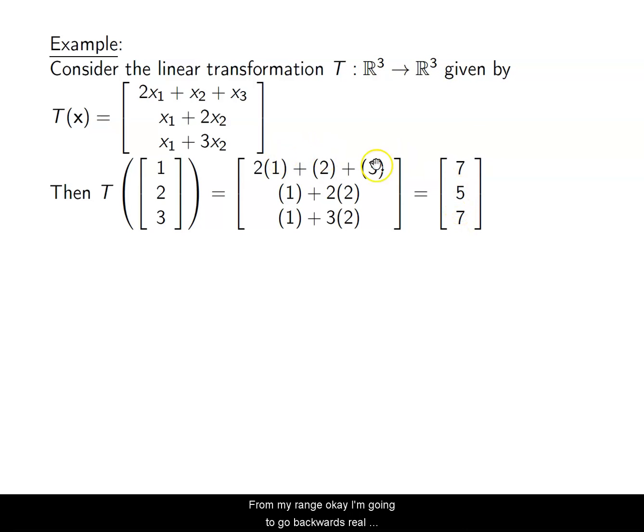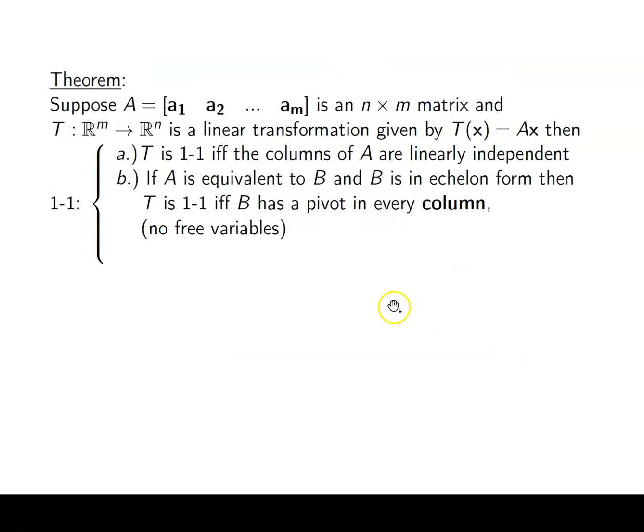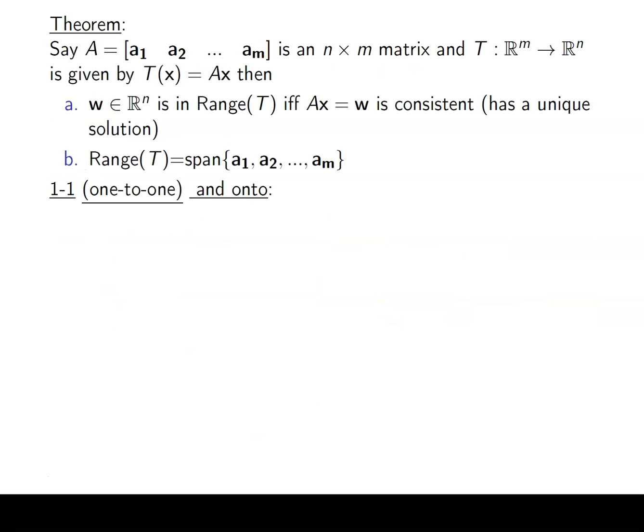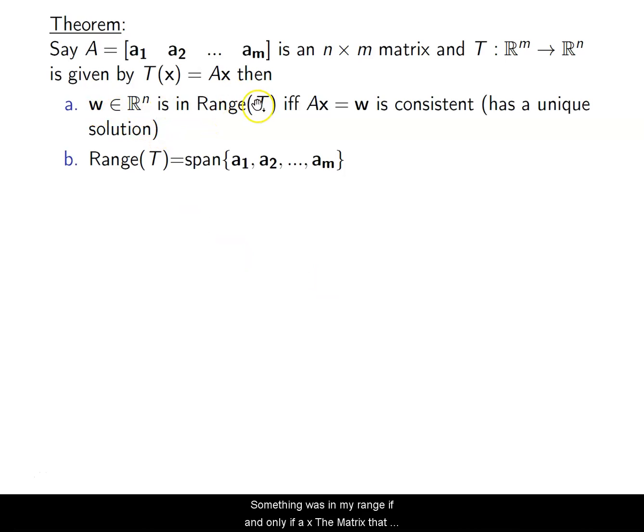Okay, I'm going to go backwards real quick to talk about what we just did in terms of all of the abstract things that we just covered, right? So more specifically here, what I did was: something was in my range if and only if A times the matrix that I have gives me W. So in this case, the W was 7, 5, 7, right?